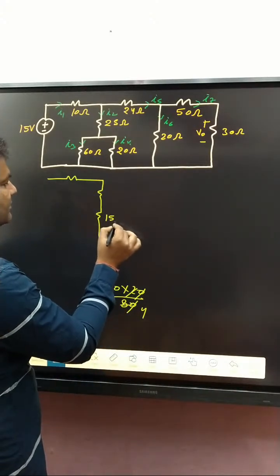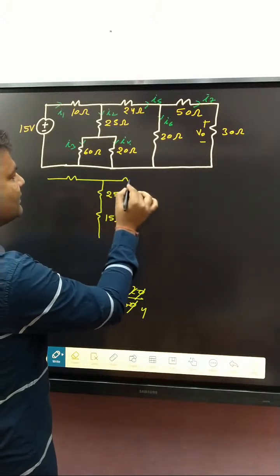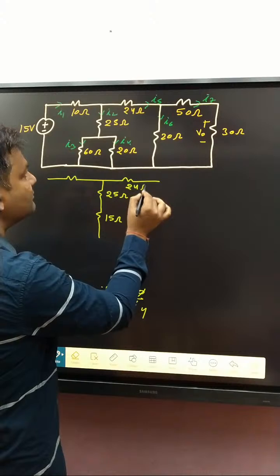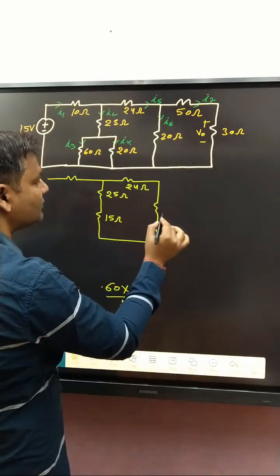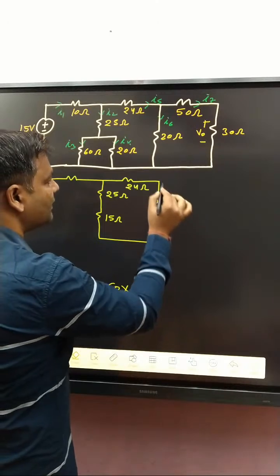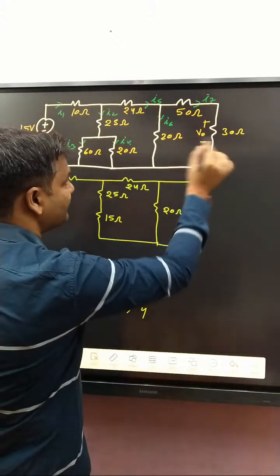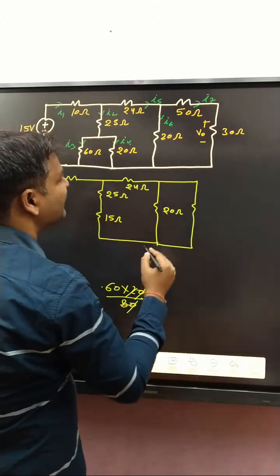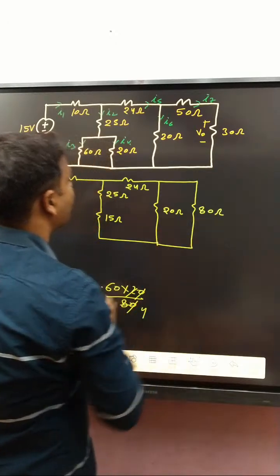That is 15 ohm. And that is 25 ohm. And that one is 24 ohm. And that one is how much? 20 ohm. After that, how much? 50 plus 30. That is 80 ohm. Okay?